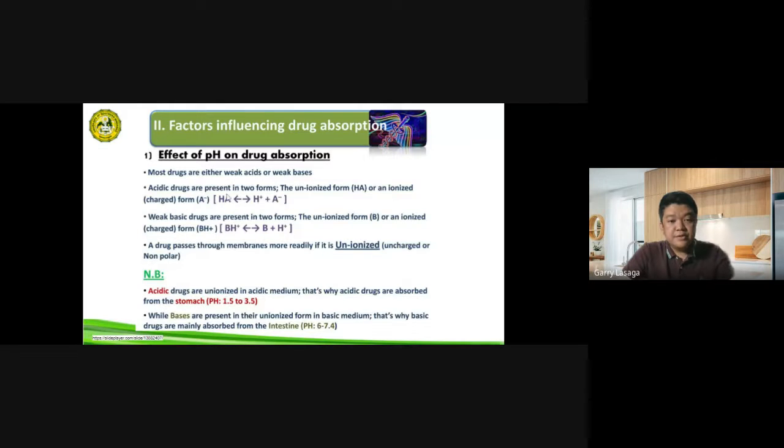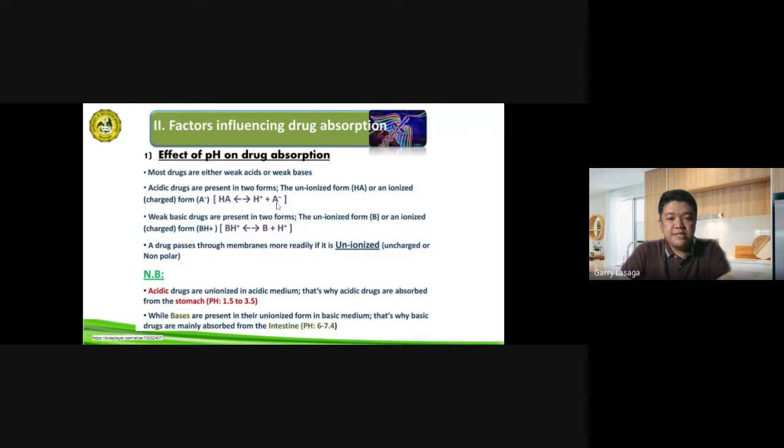Okay. So the H here represents, di ba, the hydrogen ions. The H in this particular HA represents the hydrogen ions. Since the acid, when it will be dissolved in water, for example, it tends to give off hydrogen ions.